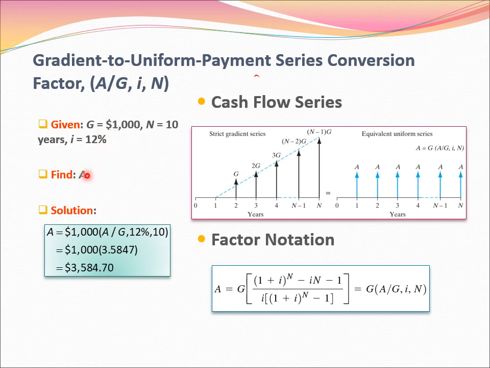So find this A. And for this one, simply we multiply the increase amount G with the factor A given G, 12% and 10, and we obtain this result. So this is the equal payment amount if you want to pay with such a structure.